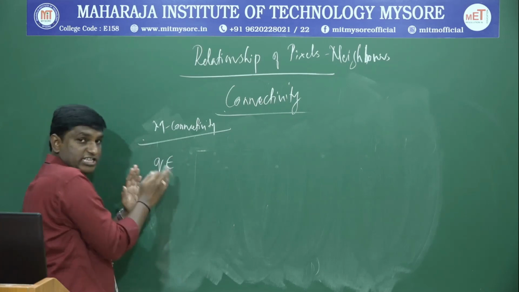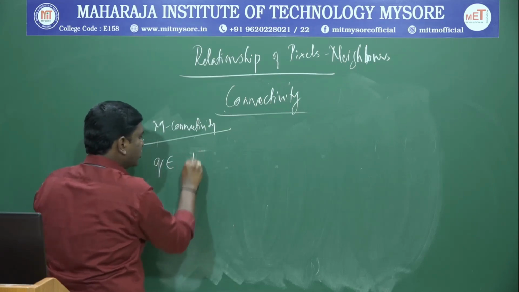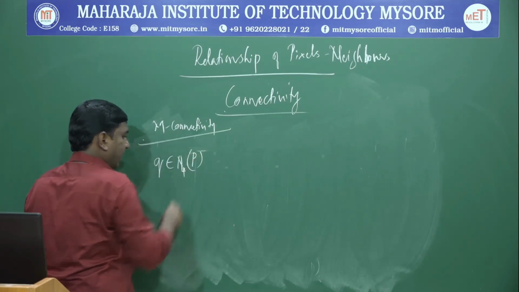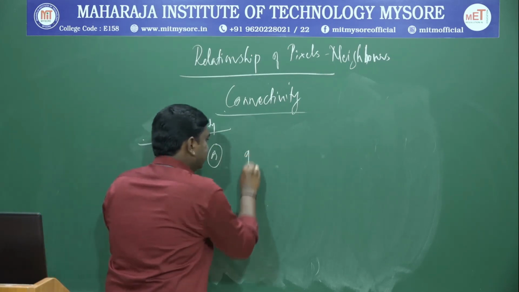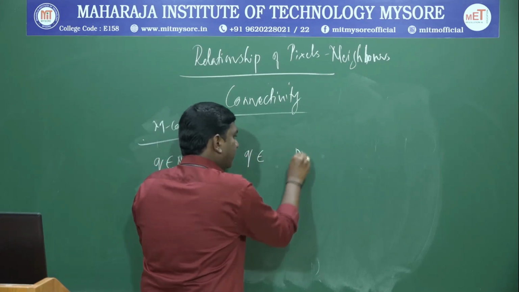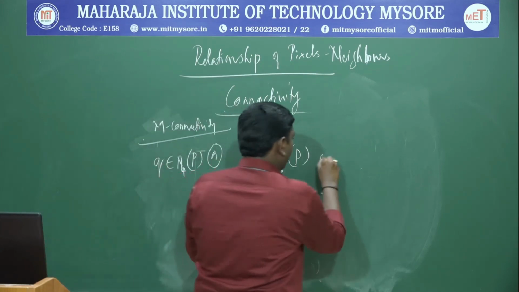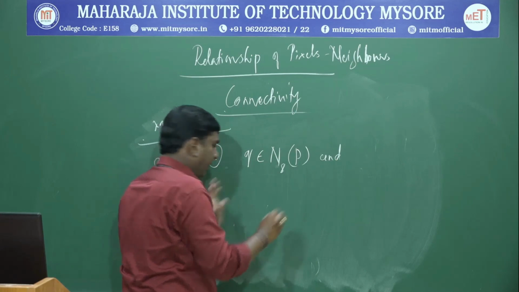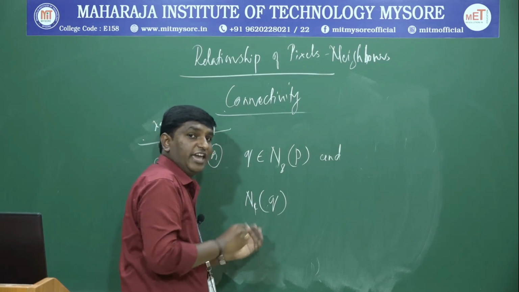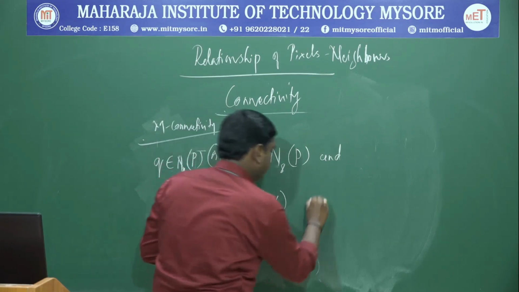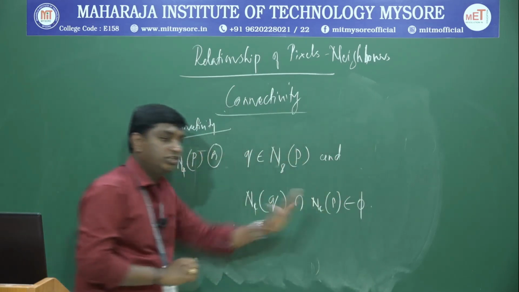If suppose there is a pixel Q and P, and Q belongs to V here, this Q belongs to pixel P with N4, or this Q should belong to pixel P using relation N8, and also, there should not be any common N4 neighboring pixels between Q and P. There should not be there.